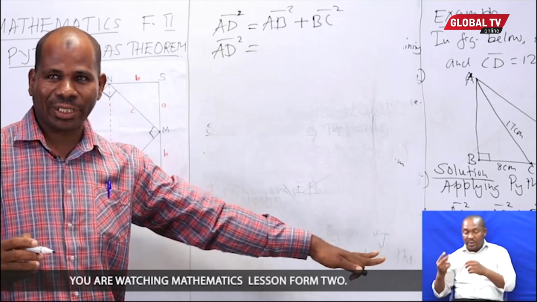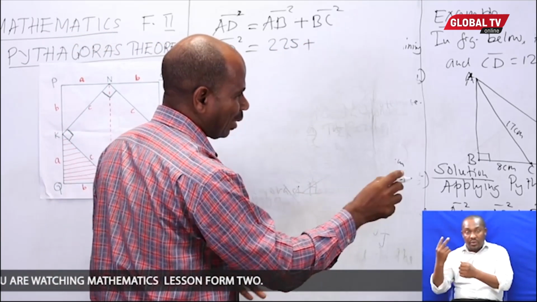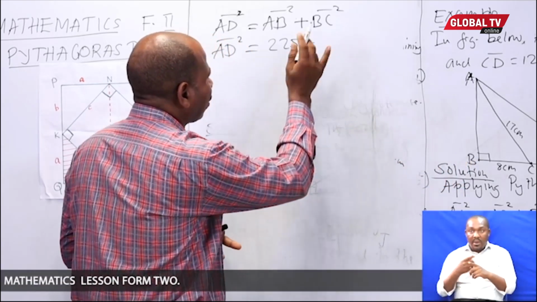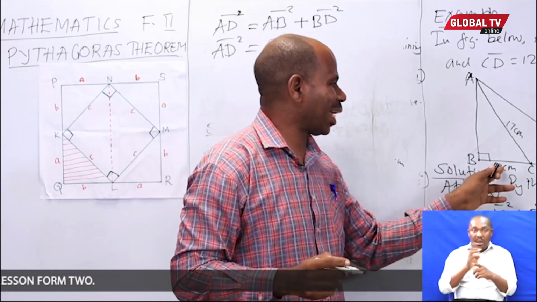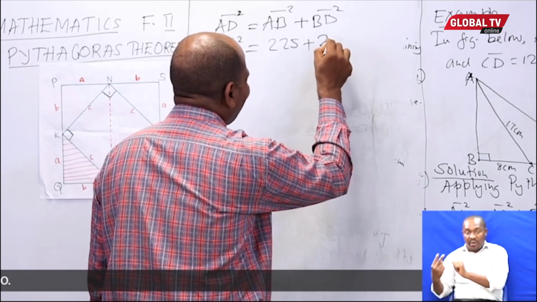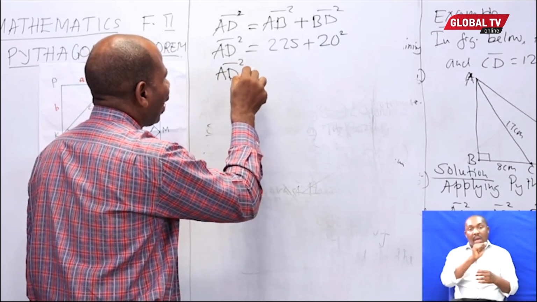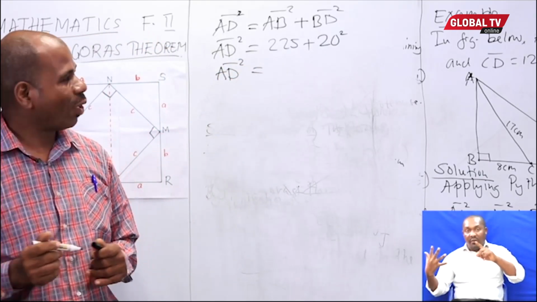AB square is already here, 225, plus BD square. This is not BC square, it is BD square. And BD is the sum of 8 plus 12, which is 20, squared.